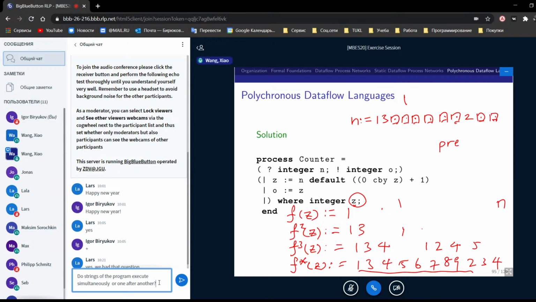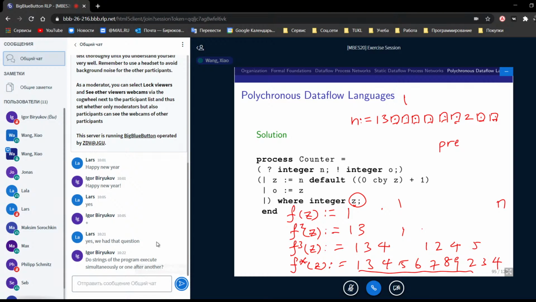You might have a problem with having multiple fixed points, and you have to define clock consistency for whether the programs execute simultaneously or one after another. It's an equation system. So whenever you have an equation system, it means that you have to find the fixed point.